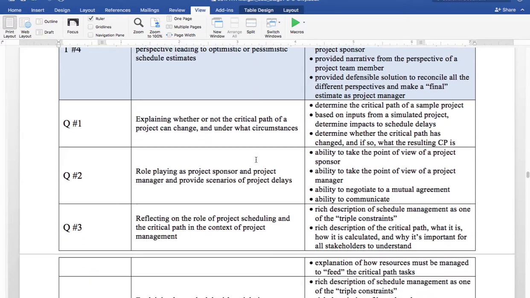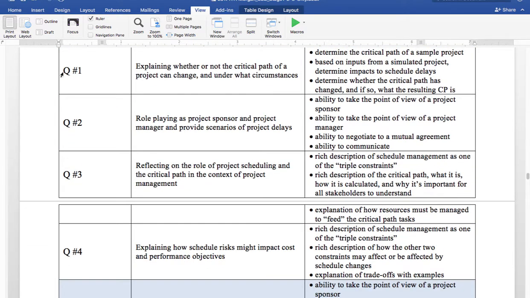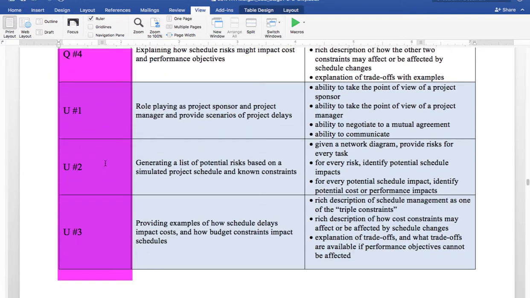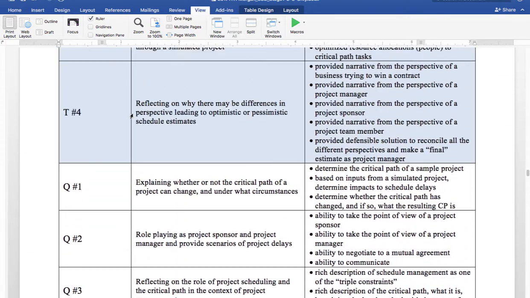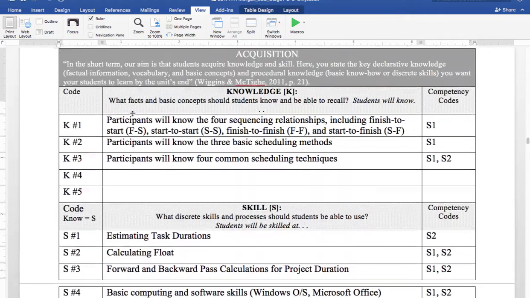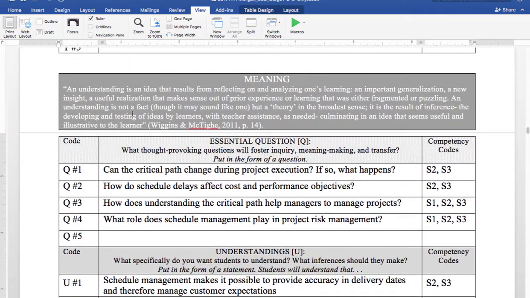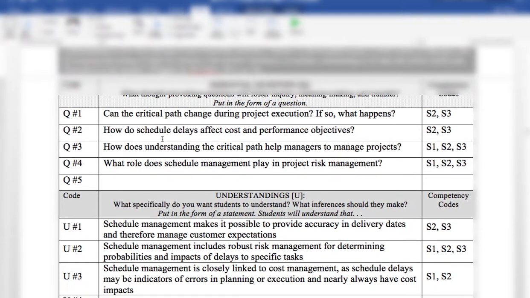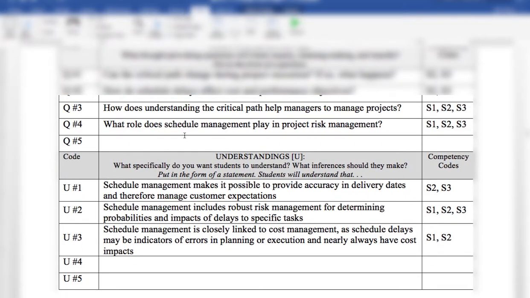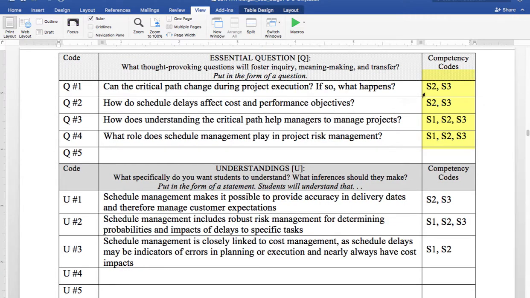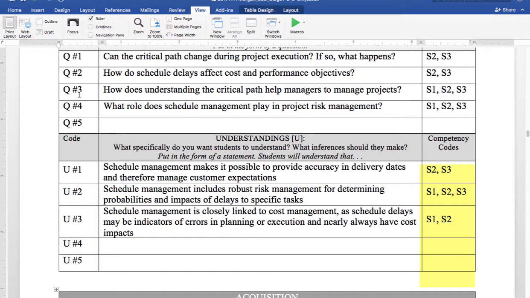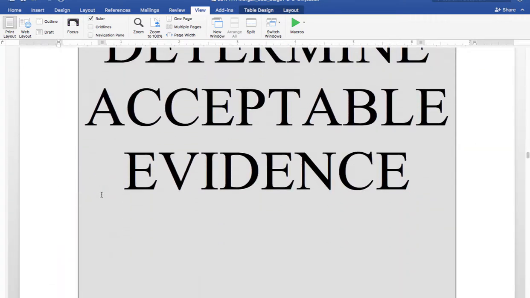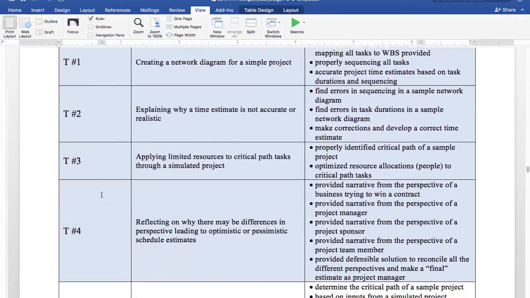Moving down the list, again, we have the essential questions and the understandings, which made up the meanings portion of stage 1. So just for a refresher, we'll go back and look at stage 1, and the meaning section included these essential questions and understandings, all of which mapped back to specific competencies that we established very early on, and all are captured Q1 through 4 and U1 through 3 under these performance tasks.